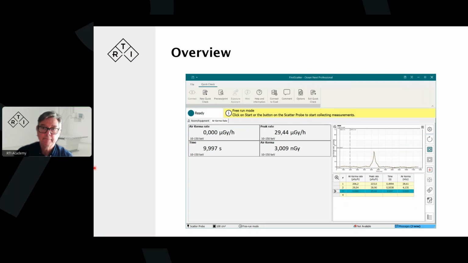Tick, tick, tick. That's just the way for you to understand that some measurement is going on there. That's done for the free run mode, which you're using when we're doing low radiation level measurements.